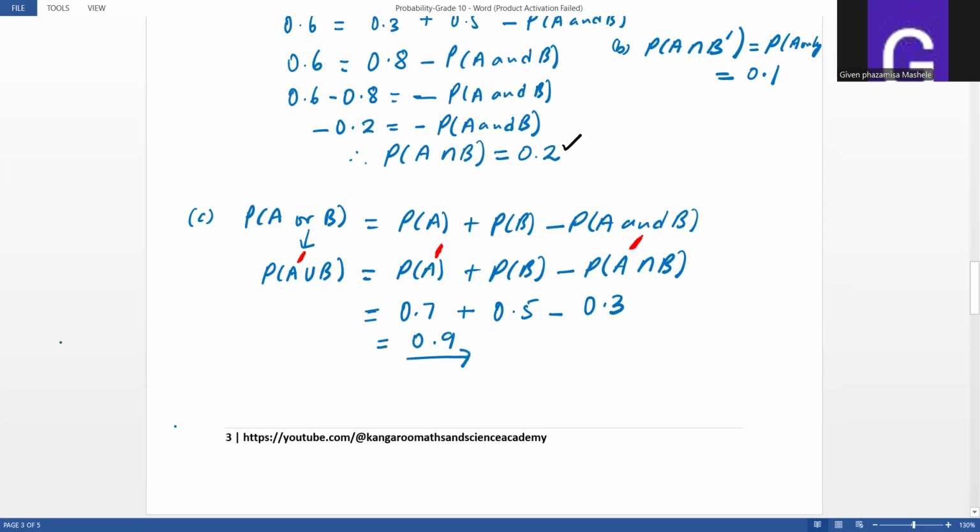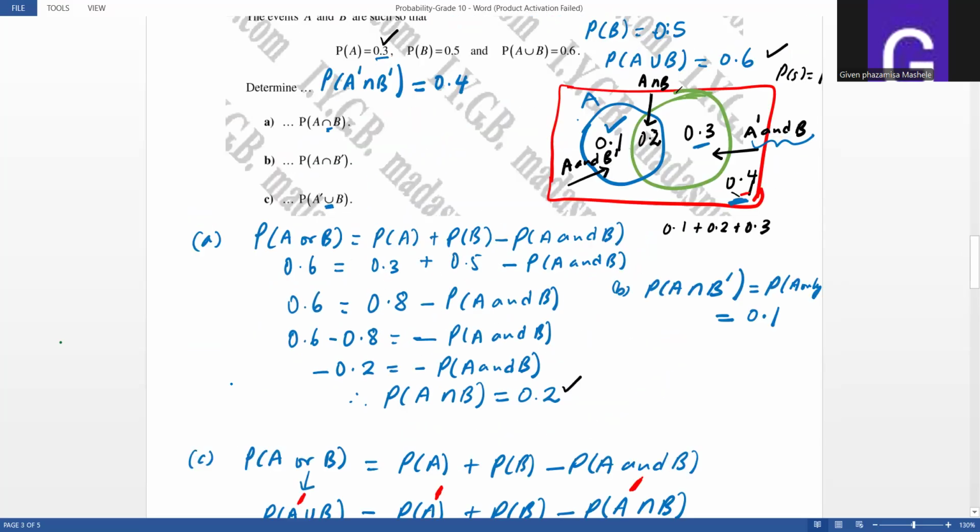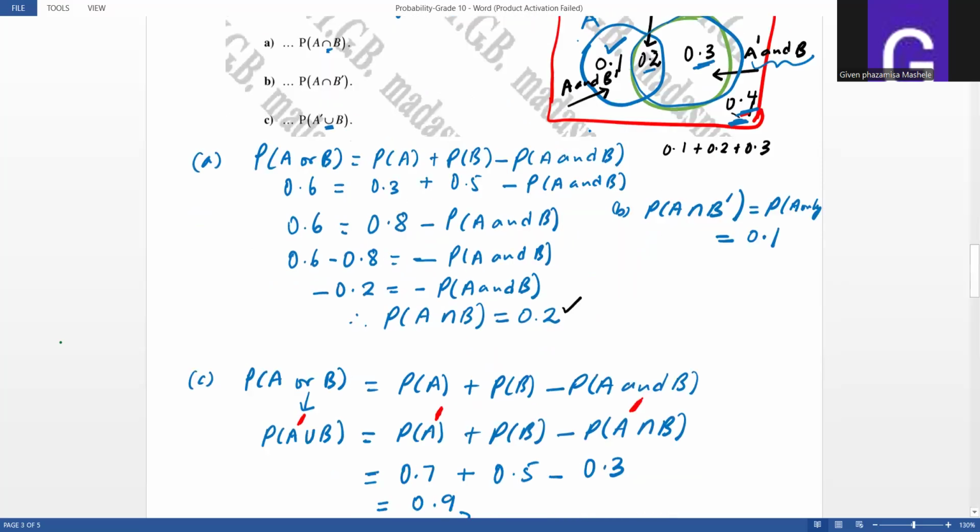You see, that is the same as what I was saying, that when we say not A or B, it means we only restrict not A, but there's B. So we take B, or we do not take A and B. So we add 0.2 and 0.3 and 0.4, which is 0.9. I believe you're following.